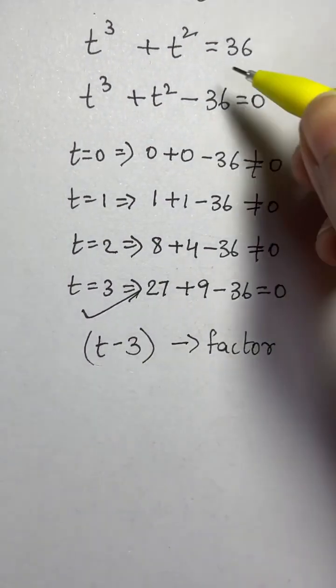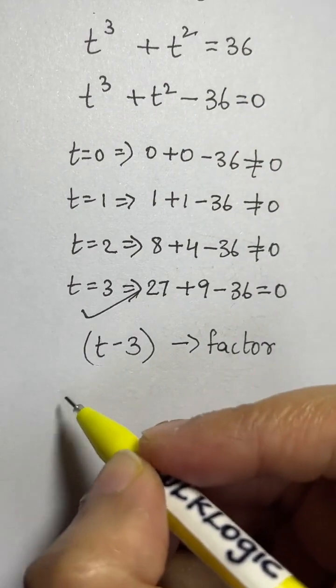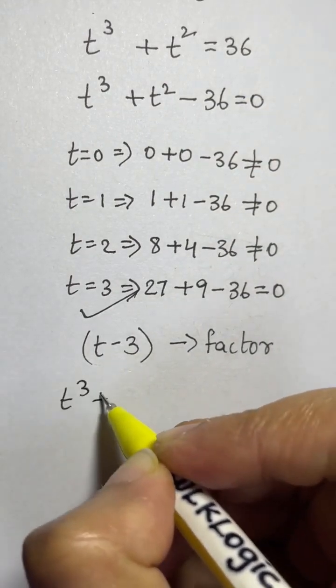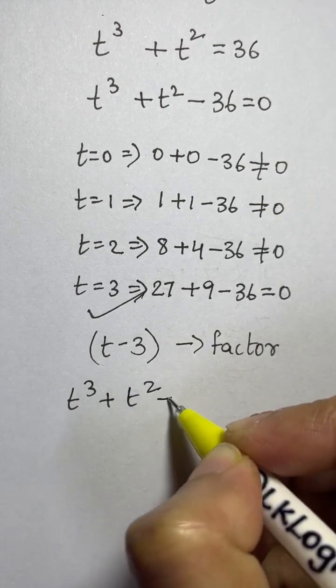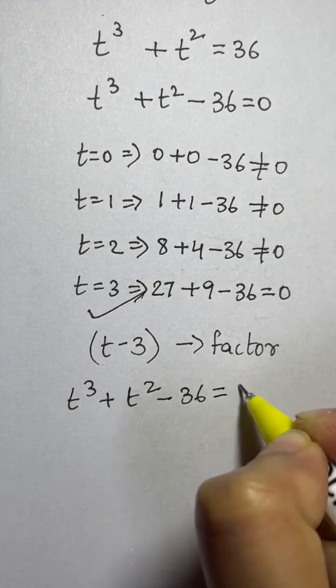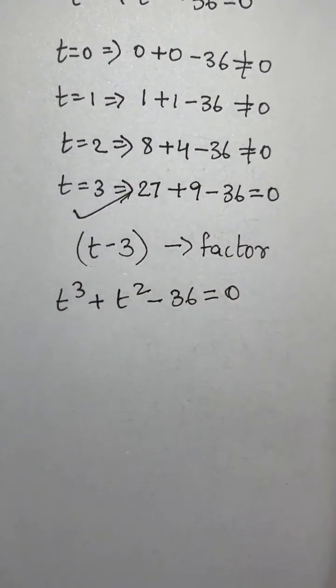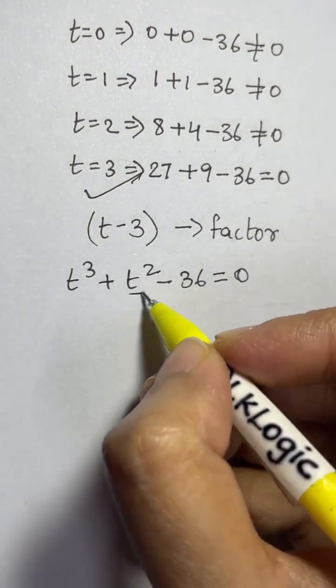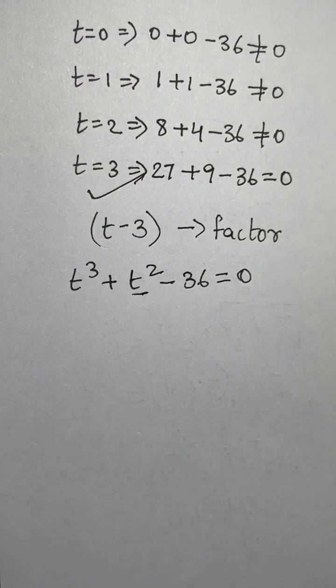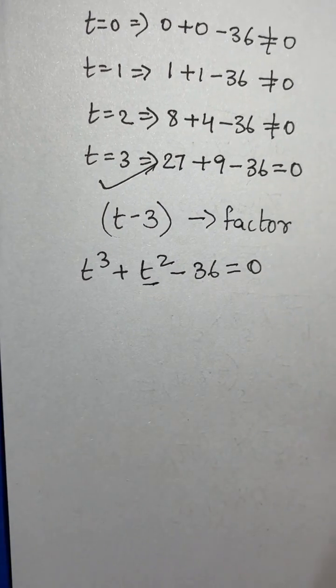All right, so what is our equation? Let's write it back. We have t cubed plus t squared minus 36 equals 0. Let's see how we can solve this. t squared can be written as 4t squared minus 3t squared. You get the same thing back.